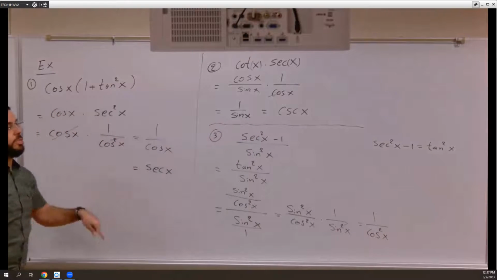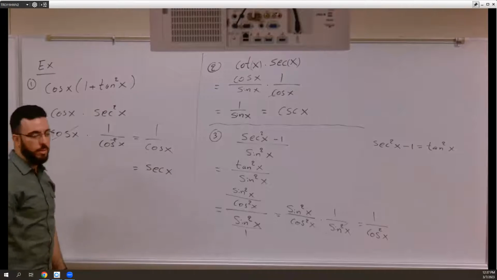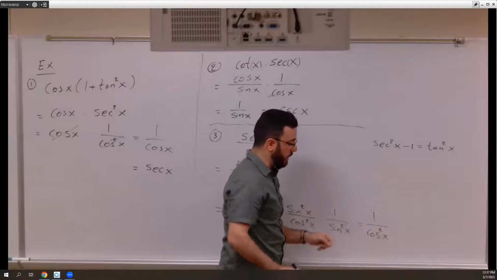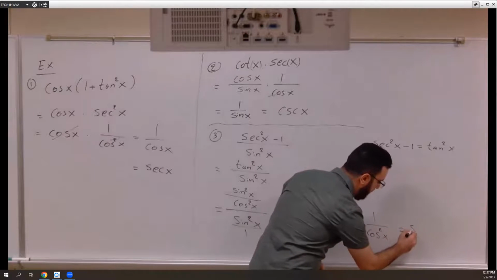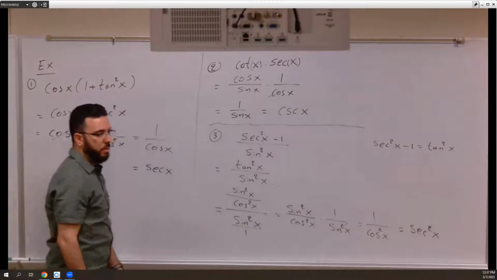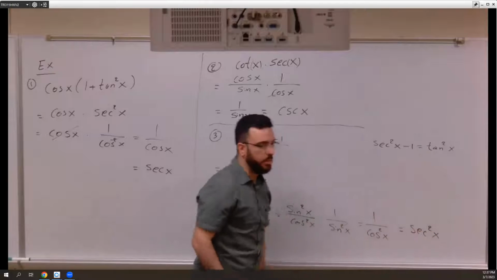So 1 over cosine equal what? Secant squared x. Secant square, because we have square. So the result is going to be secant square x. So we simplify this one to only secant square.